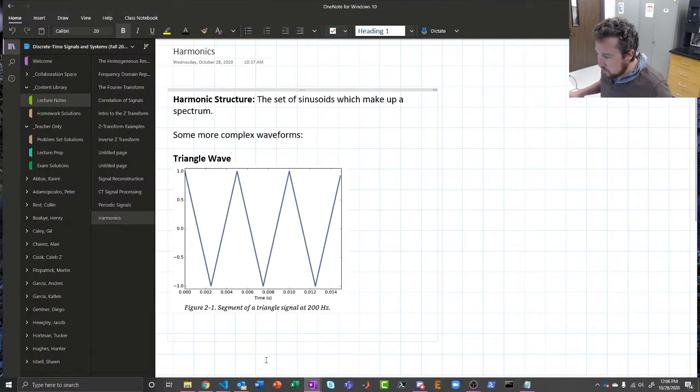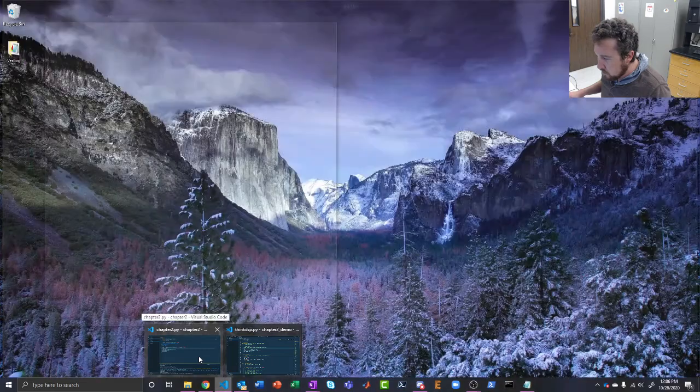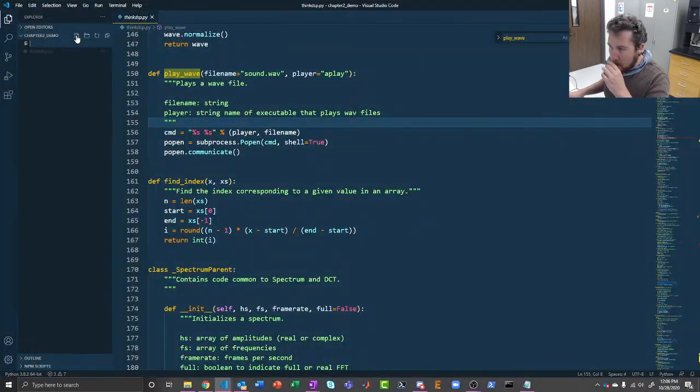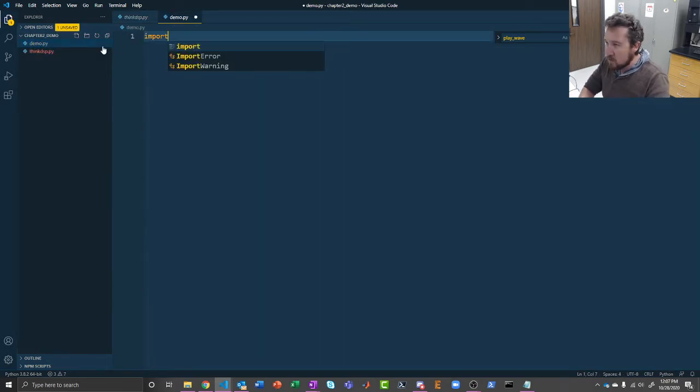at the code for implementing our triangle wave. Let me call this demo.py. We're going to import some things.